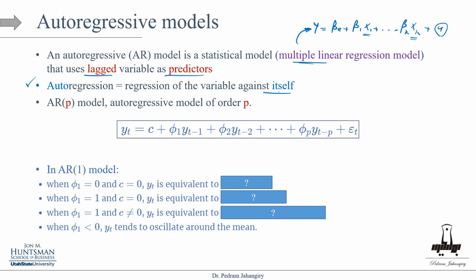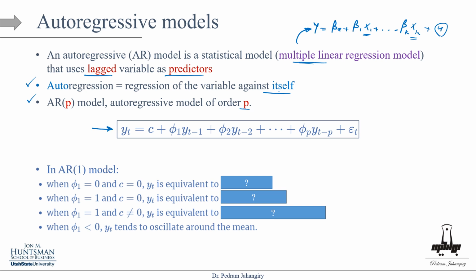And now let's see what those numbers are. We saw AR1, or we can talk about AR2, AR3. What are those numbers? Where are they coming from? For AR models, we use the letter p to show the order of the AR model, and we call it an autoregressive model of order p. And this is the functional form for that, right?